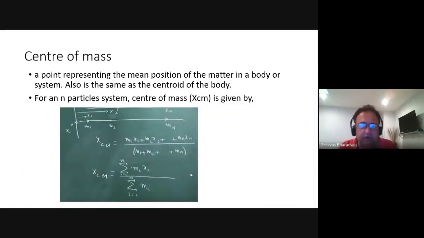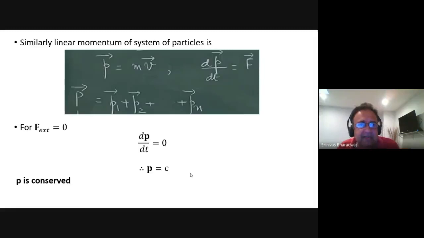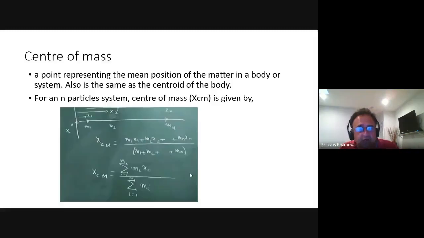There is no F_ext. F_ext equals zero. They are only interacting amongst themselves. If they are only interacting amongst themselves, the center of mass of that system of bodies will follow Newton's first law.